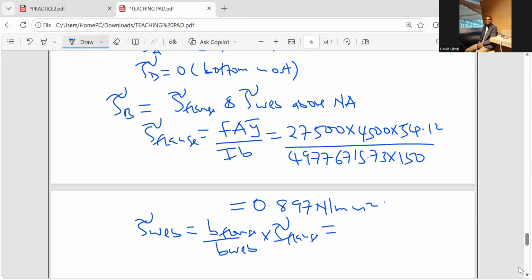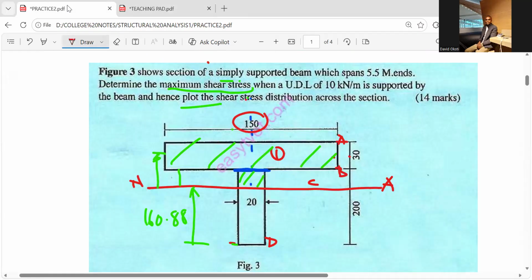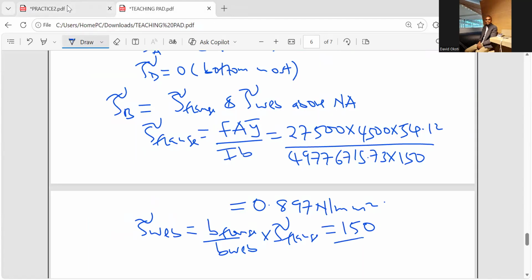So I know that B of flange is 150, this horizontal dimension, and that B of web is 20. I multiply 0.897 times 150 divided by 20.